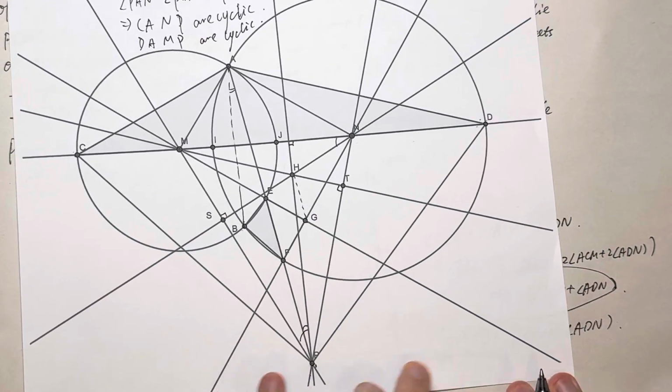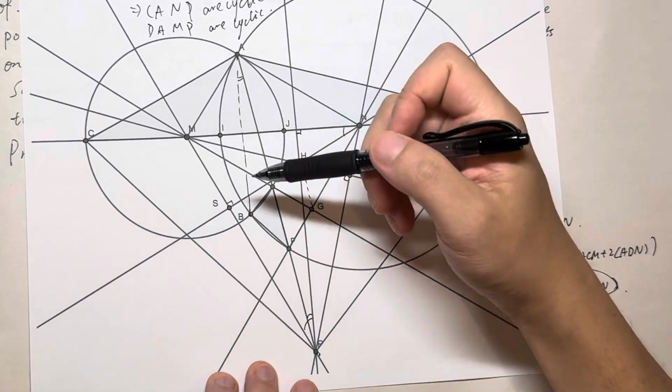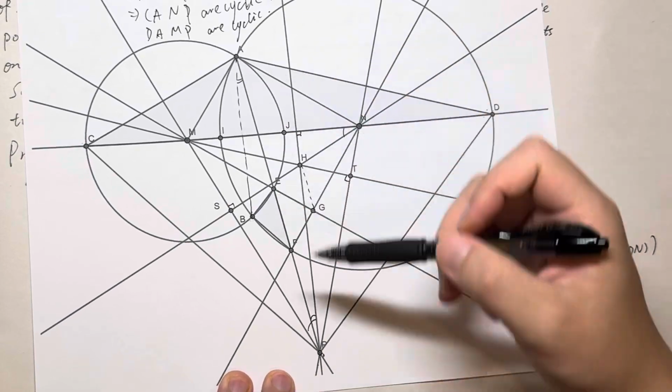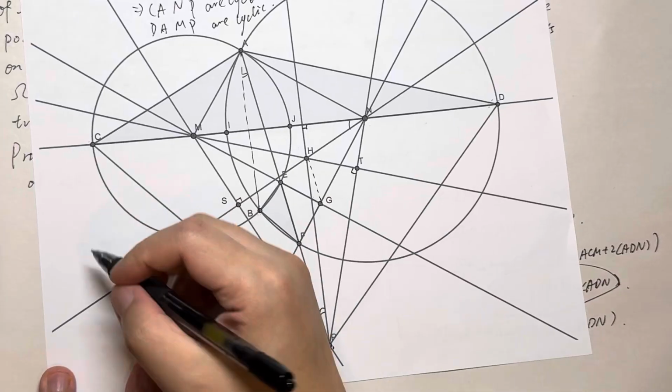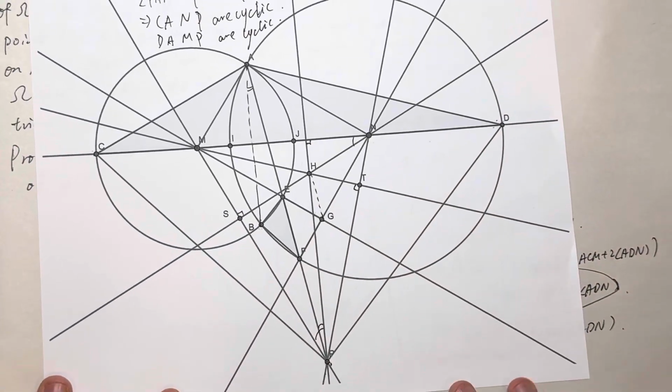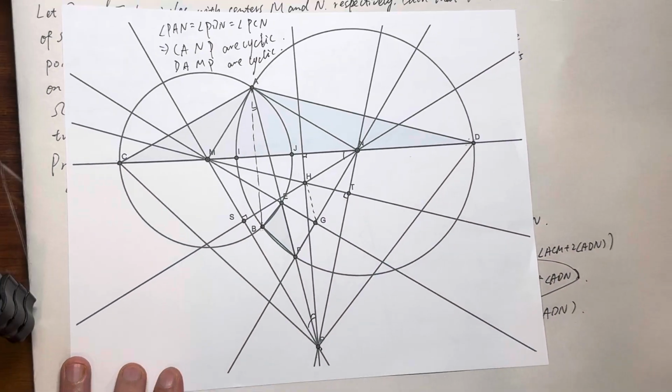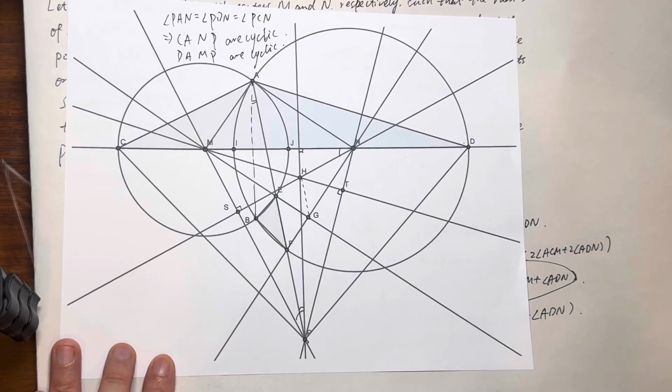So we find that the angle BAE equals angle EPH. Then we find lots of equivalent angles here, right? Let me do this.